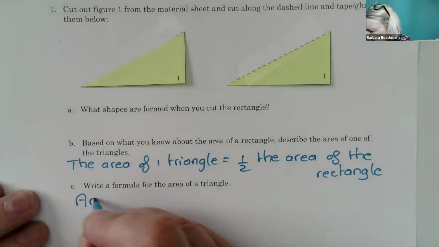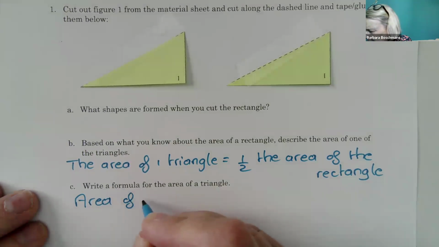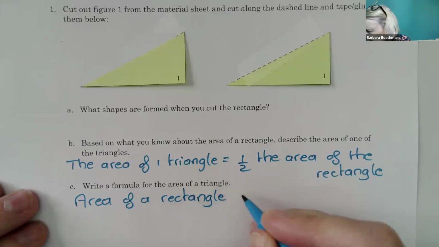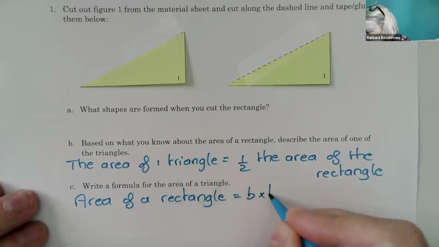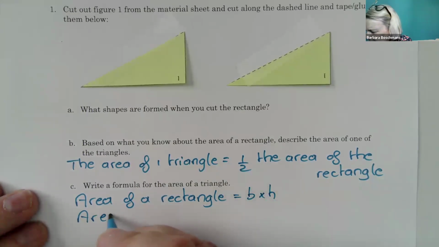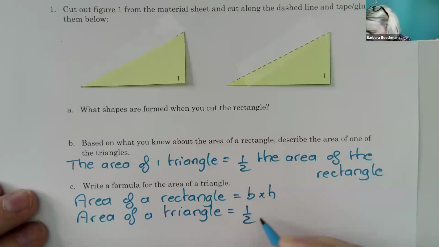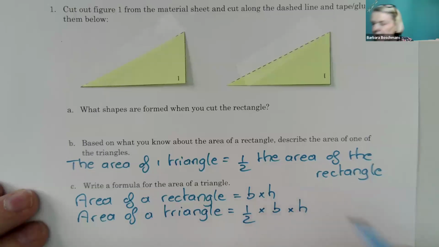And the area of a rectangle is based on base and height. So the area of the triangle would be half of that. So 1/2 base times height.